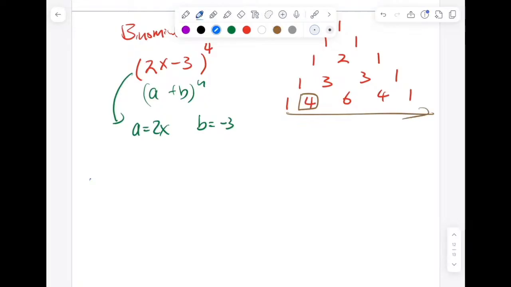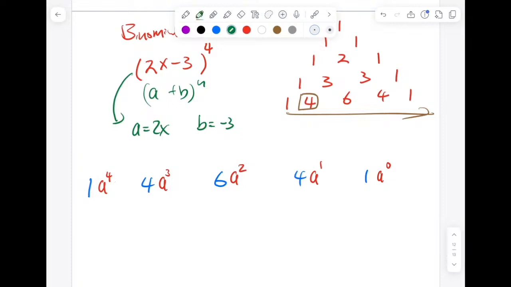So I'm going to write down 1, 4, 6, 4, 1. Just write down the Pascal numbers. And this is actually super easy. A lot of people think it's very difficult, but if you pay attention, they follow a very specific pattern. The pattern is going to be a to the 4th power, a to the 3rd power, a to the 2nd power, a to the 1st, a to the 0.